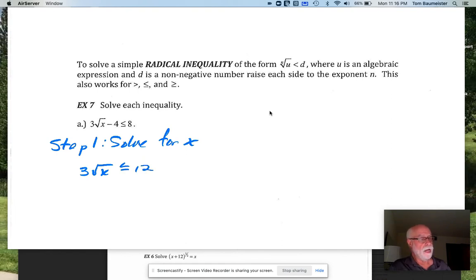So now I'm going to divide by 3. So I'll get that the square root of x is less than or equal to 4. And then I'm going to square. Again, how do I get rid of a square root? I square it. So I'm going to square this side, and I'm going to square this side. So that'll tell us that x is less than or equal to 16.